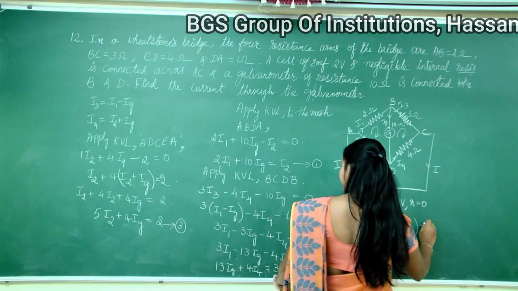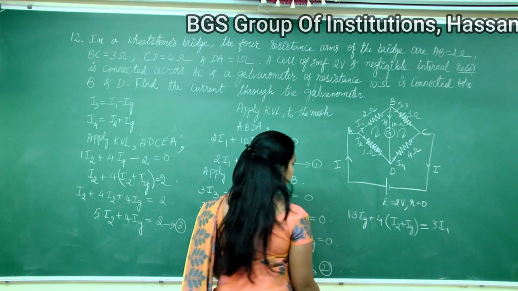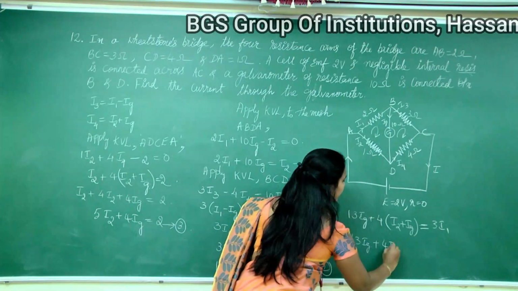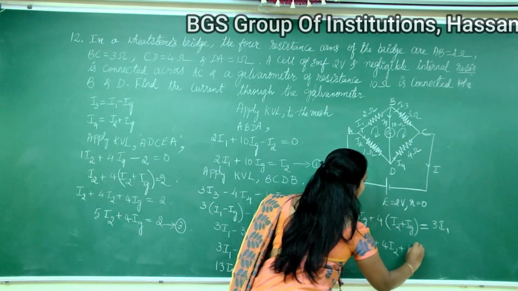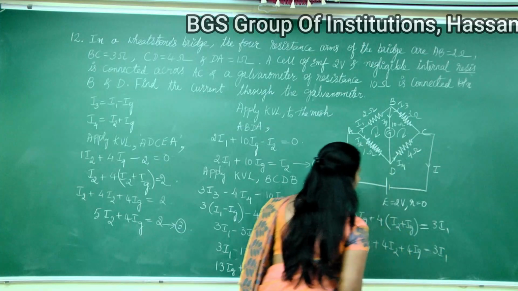ಪ್ಲಸ್ is equal to 3i1. 13ig plus 4i2 plus 4ig is equal to 3i1.